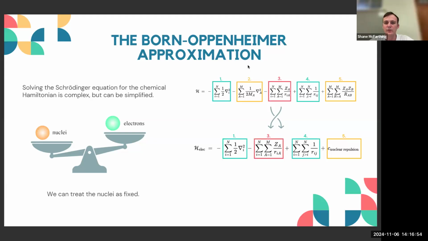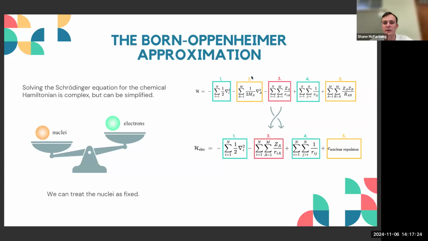So then we can remove some of the motion and factor it into a different kind of format, but we then consider only the motion of the electrons, as electrons moving through a field of fixed nuclear point charges. So when we take this into consideration, we can reformulate our Hamiltonian into an electronic Hamiltonian.